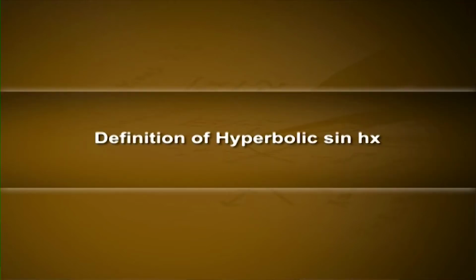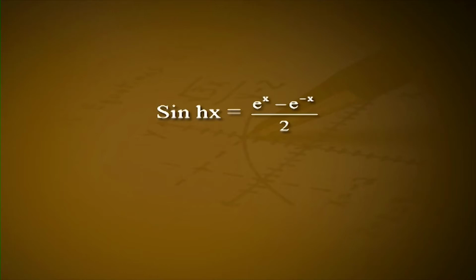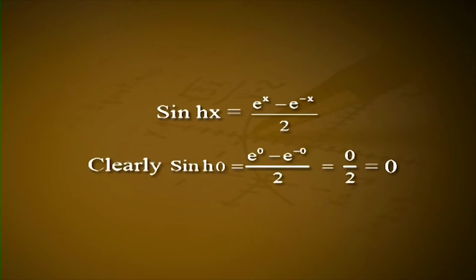Definition of hyperbolic sinh x. The hyperbolic sine denoted by sinh x is defined by sinh x is equal to e raised to x minus e raised to minus x divided by 2. Clearly, sinh 0 is equal to e raised to 0 minus e raised to minus 0 by 2 is equal to 0 by 2 is equal to 0.